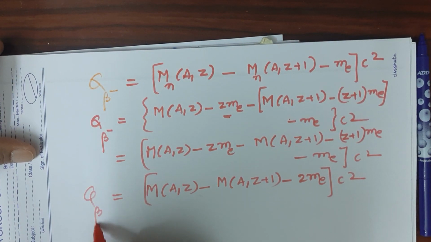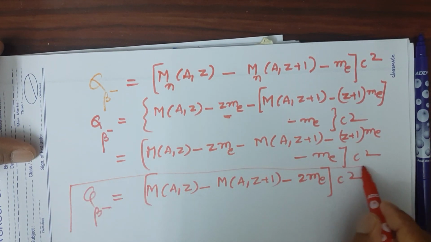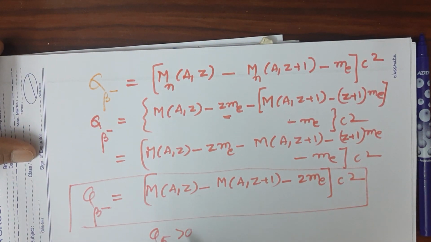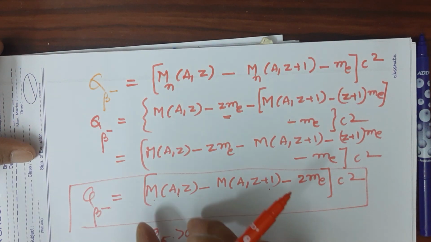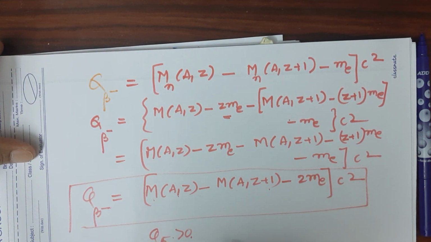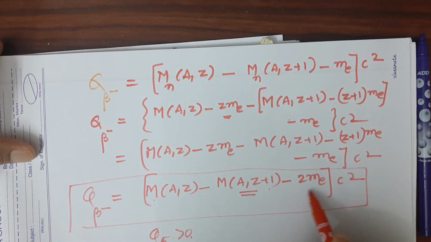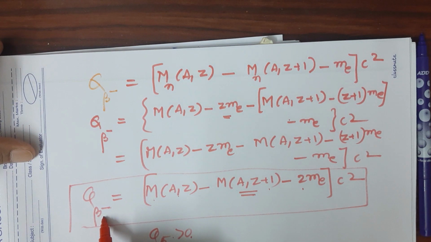So this is the disintegration energy of the beta minus decay process. Q beta minus is greater than 0 when m of ZA is greater than m of A Z plus 1. If it is greater than 0, then the mass of the initial nucleus is greater than the mass of the final or daughter nucleus by the amount 2Me, and then beta minus decay takes place.